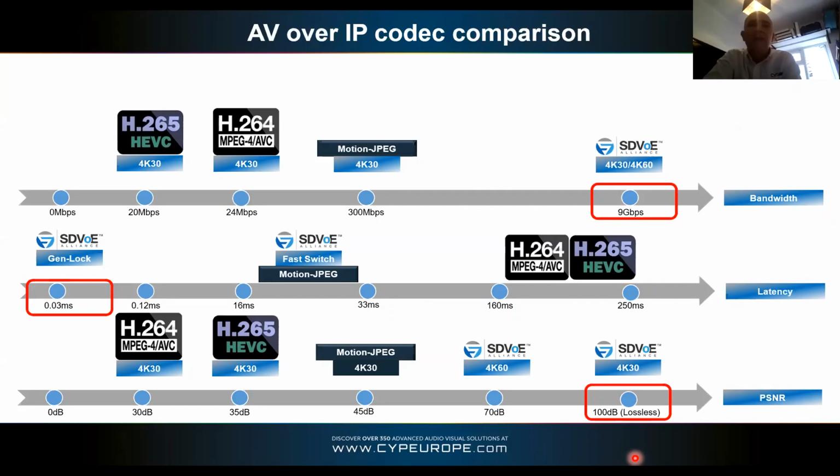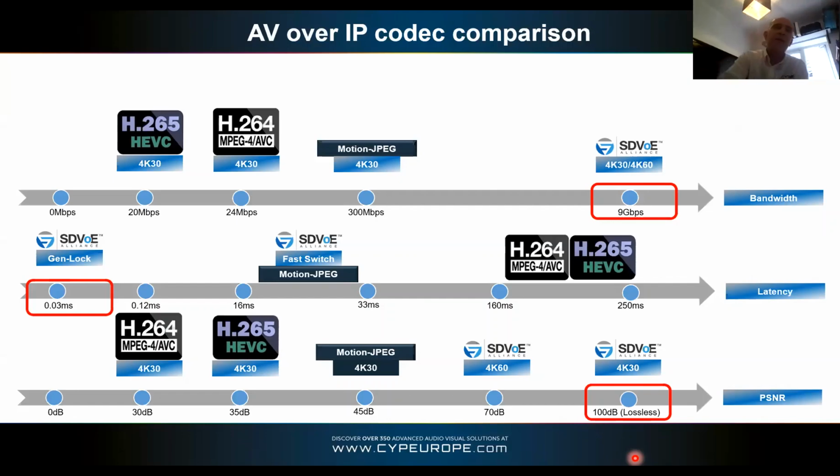Then you have Motion JPEG, which is more like your 33. So the AV over IP standard stuff is still very good in latency terms, but the H.264/H.265 is not very good with latency. You're literally waiting a quarter of a second or so for the picture to be there. But in those systems, it's not so important.